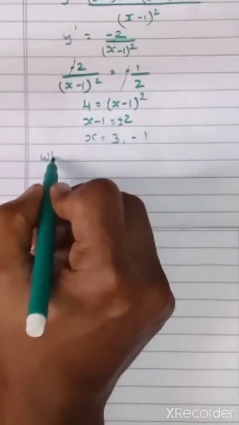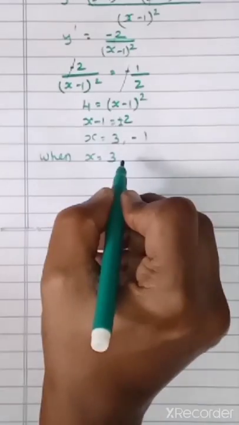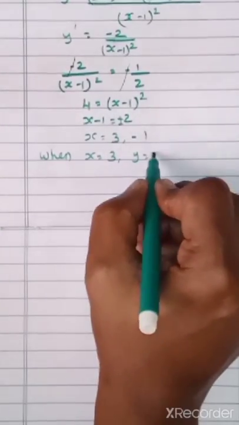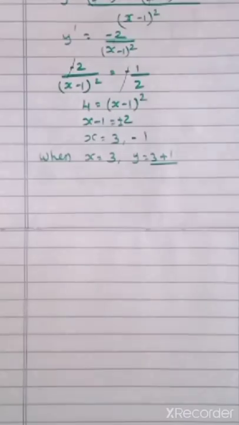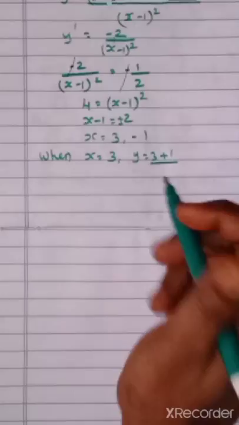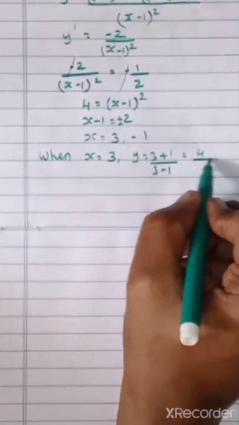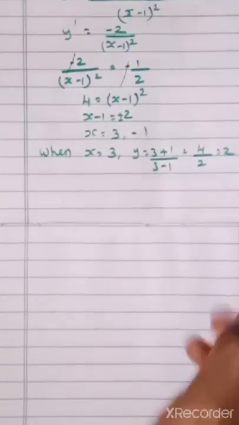Now when x equal to 3, if you substitute x equal to 3, what is your y value? 3 plus 1 by 3 minus 1. So 3 plus 1 is 4 by 2, which is equal to 2. So when you substitute x equal to 3, y equal to 2.